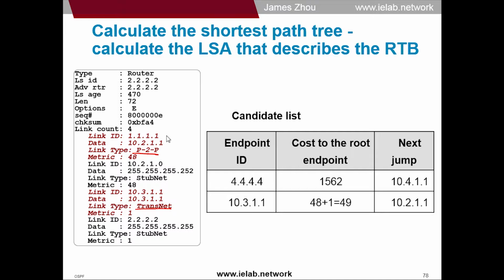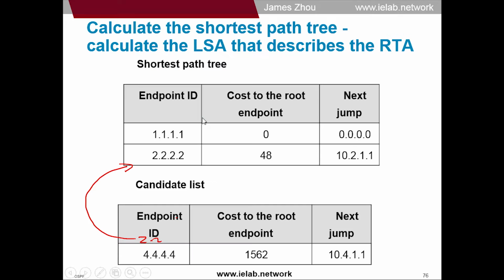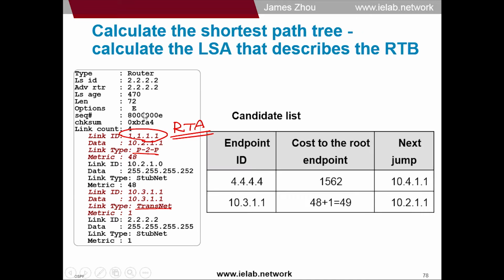The point-to-point segment points to 1.1, which means RTA, but RTA is already in the path list. This is calculated from RTA, so RTA is the root, right? Since 1.1 is already in the path list, we ignore this entry.